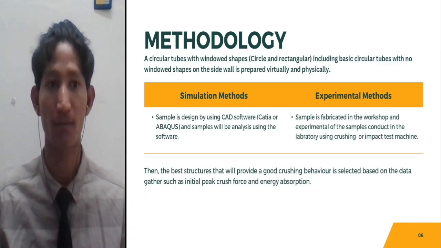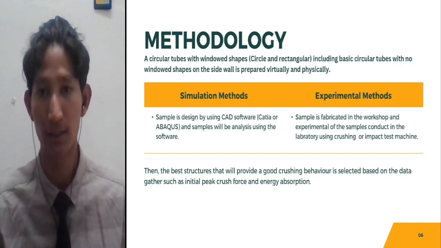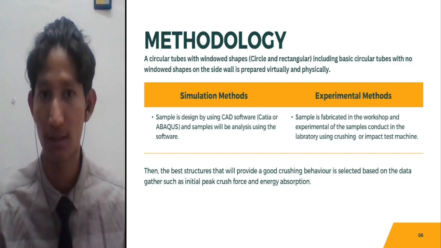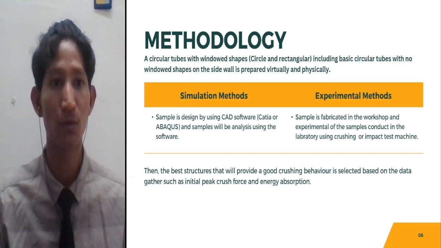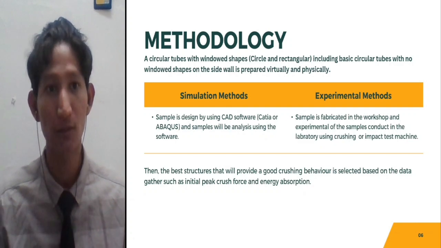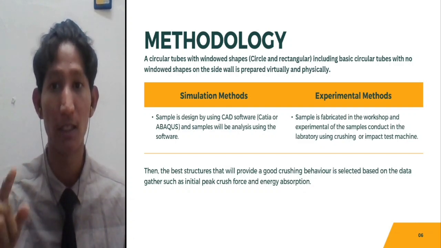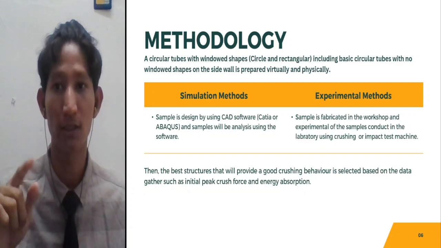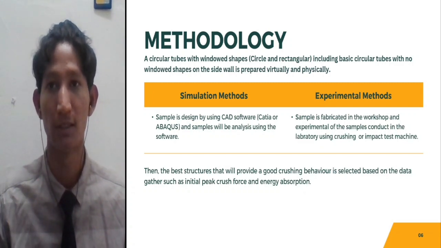Methodology. So first, we need to prepare the samples before we conduct the study. We need to prepare circular tubes with window shape, circle and rectangular, including the basic circular tubes with no window shape on the side wall.